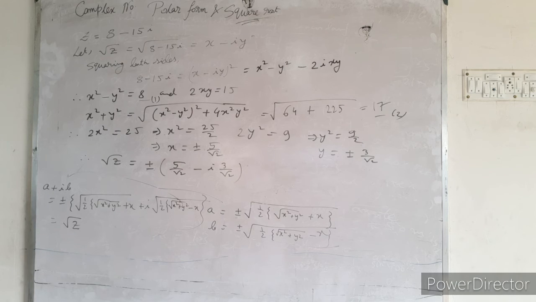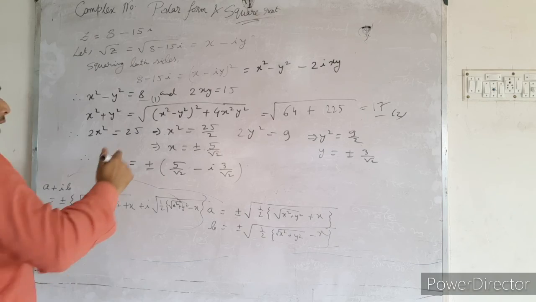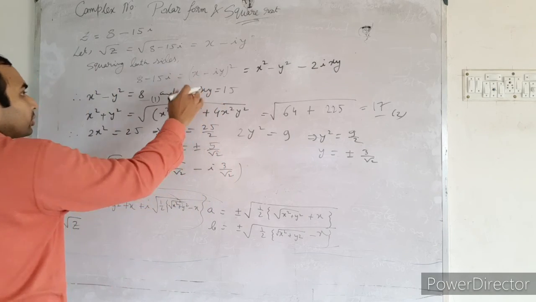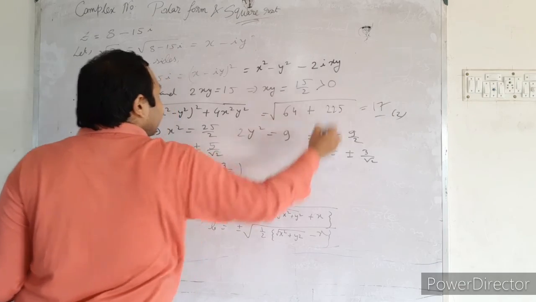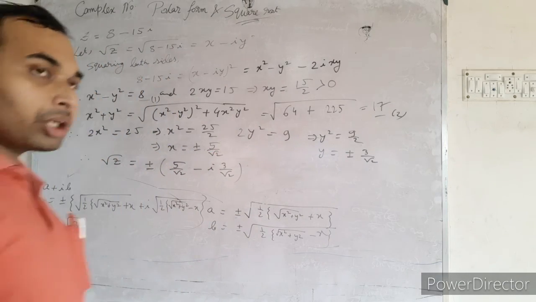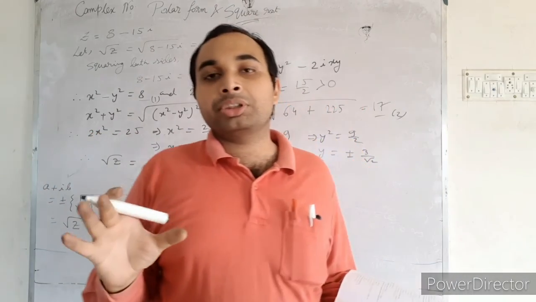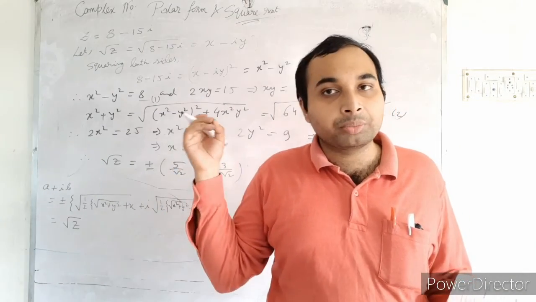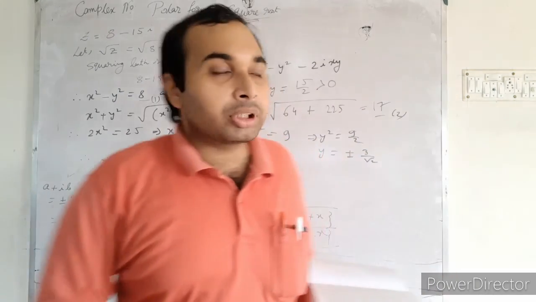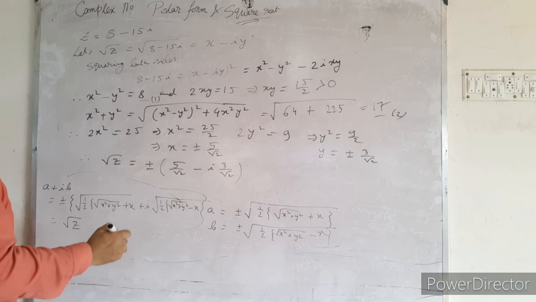I have not told you previously that the sign will depend upon xy. Here xy equals 15 by 2, it is greater than 0. When the product of two real numbers is greater than 0, they have the same sign, either both negative or both positive. So here also it will be the same sign.